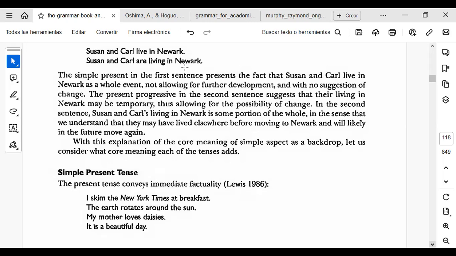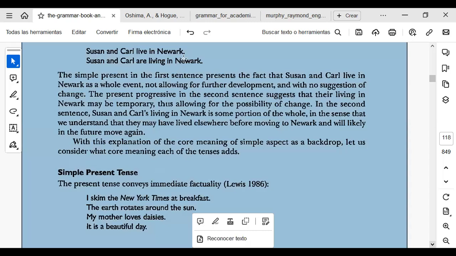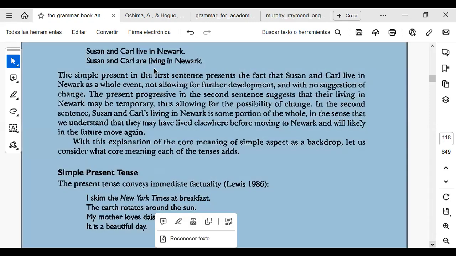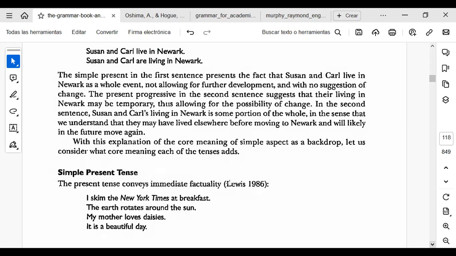So when you use this structure, maybe you mean that you are going to move. But if you say, "Susan lives there," you use a simple present, you mean that they are continuing living there. Okay?